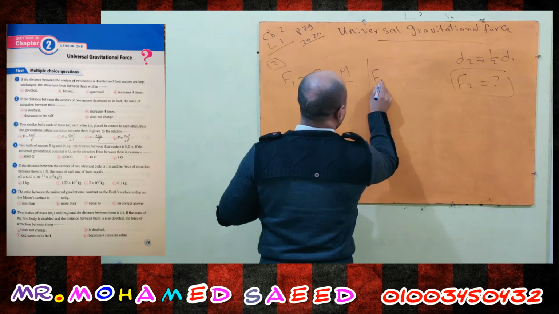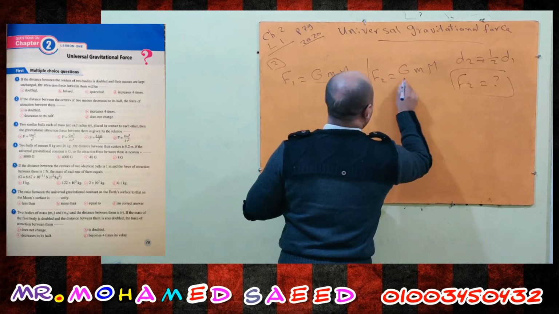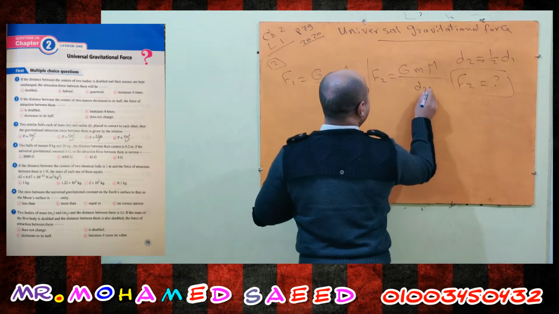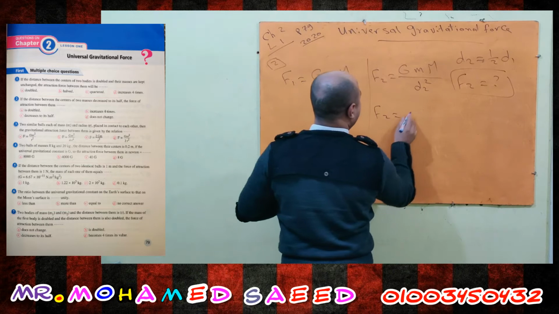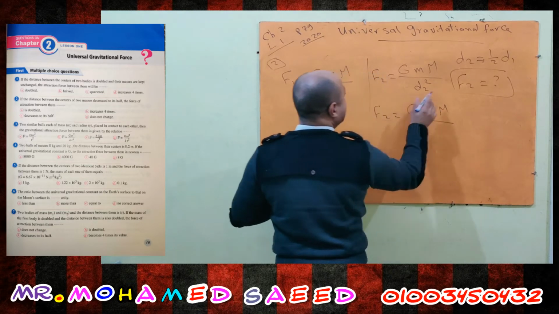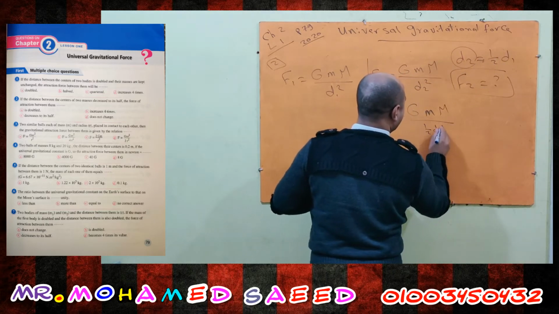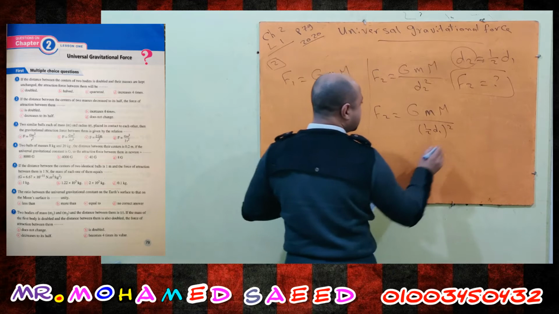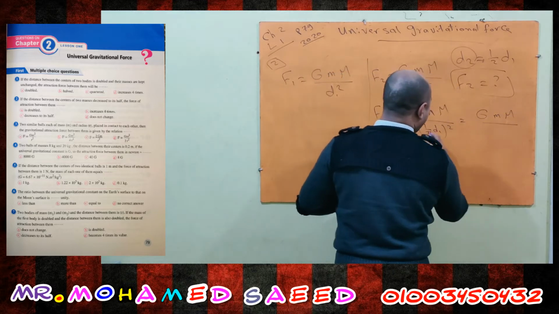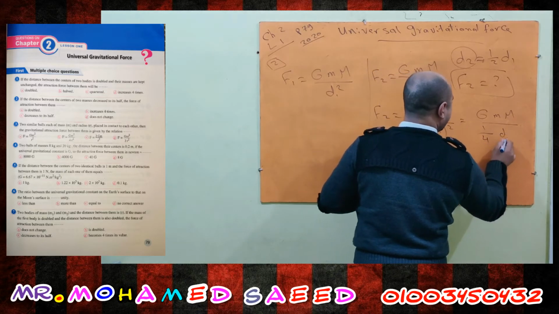So the new force F2 equals G M1 M2, which are not changed, over D2 square. By replacing D2 by half D1 all power 2, this equals G M small M capital over 1 over 4 D1 square.